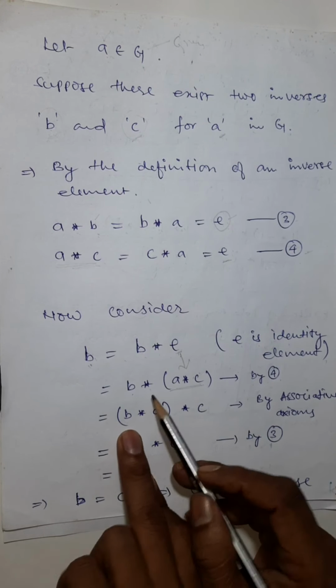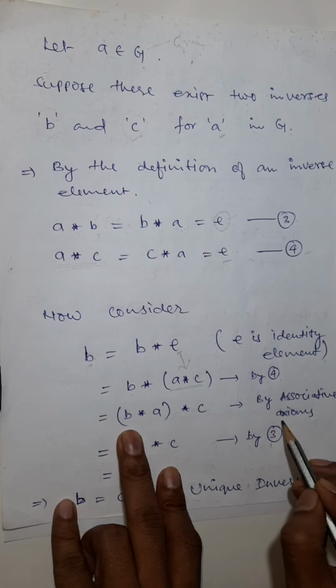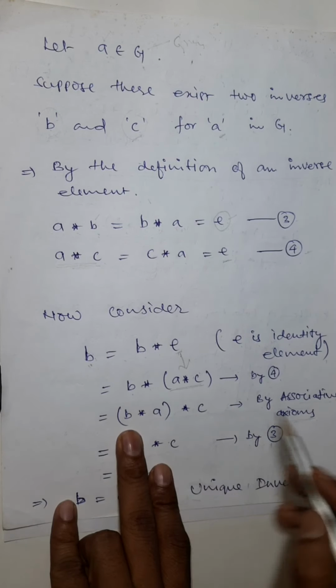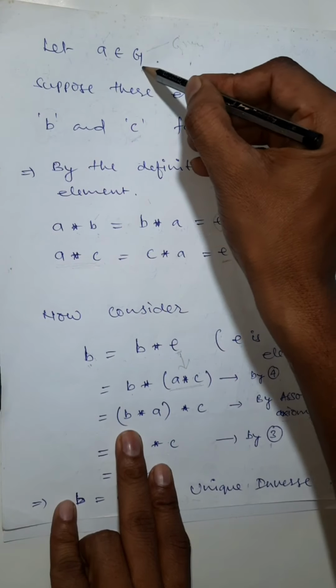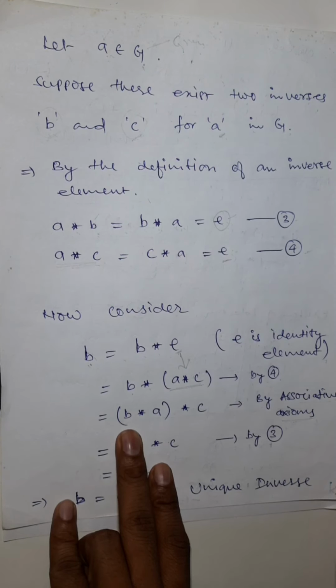Next, applying the associative law or associativity axiom. We can make the association because the associative law already holds here, because G is a group. So the associativity law, closure property, everything holds here. What we have to show is that the inverse is unique.